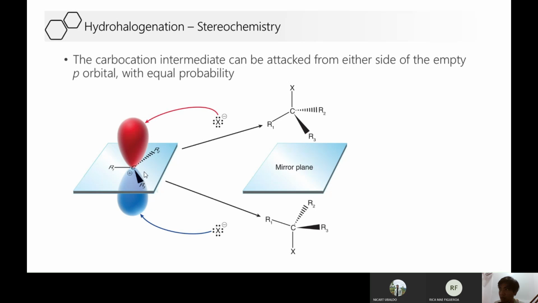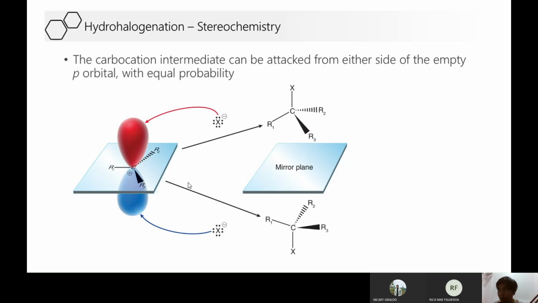So, if the carbon, kung nasaan yung carbocation mo, is a stereocenter, ibig sabihin it has 4 different groups around it, then we could either have a racemic mixture of R and S compounds.